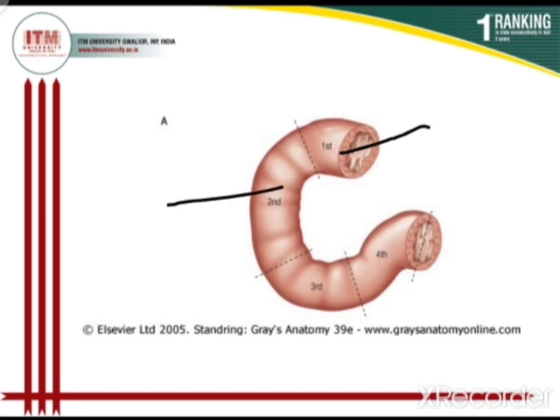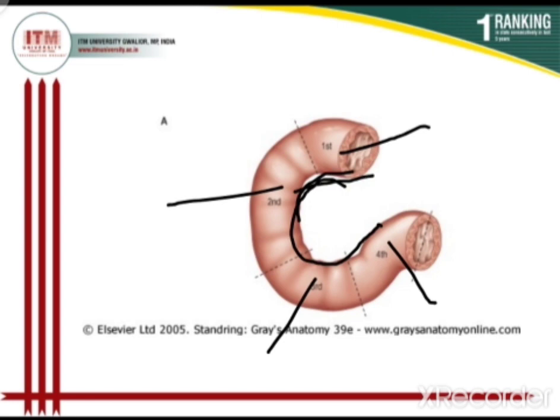This is the second part, 7 to 10 centimeters long. This is the third part of the duodenum, again 6 to 8 centimeters, and the last one is 5 centimeters long. You can see it is a C-shaped structure, the duodenum.